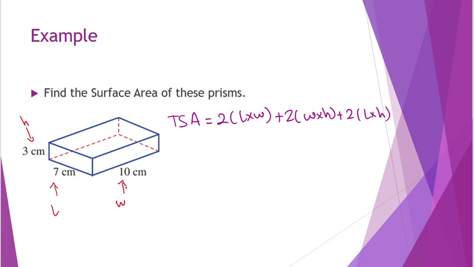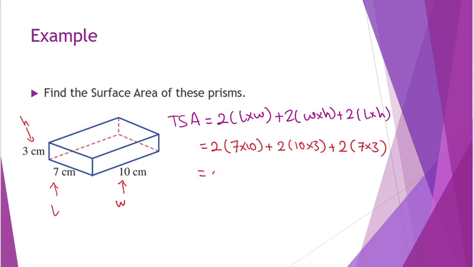It doesn't really matter which one you label the length or width, because when you multiply them all up, it always ends up being the same. So I'm going to do 2 bracket, length times width, 7 times 10, plus 2 bracket 10 times 3, plus 2 bracket 7 times 3.